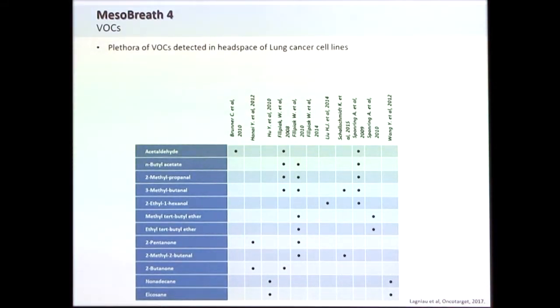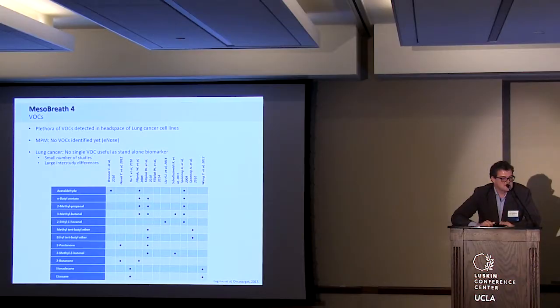So not really anything popping up or accompanying the things we found. No cyclohexane was in these studies. So for lung cancer, we can also see that no compounds can be used as a standalone biomarker, due to the small number of studies and very large inter-study differences in techniques used, statistical analysis that has been used, or the methods.